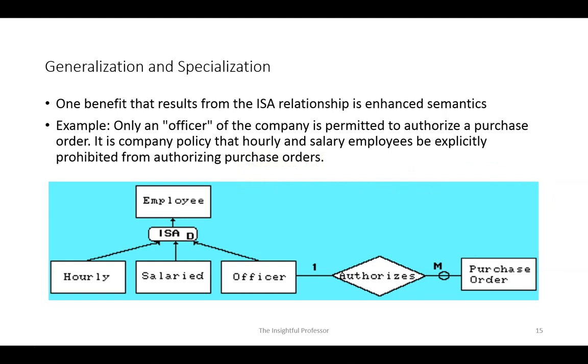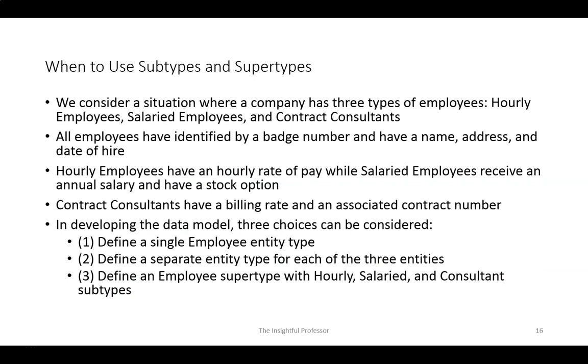Notice also that here we're using Tiori-Yang and Fry's notation for optional participation. So a purchase order must be authorized by one officer, but an officer need not authorize a purchase order.